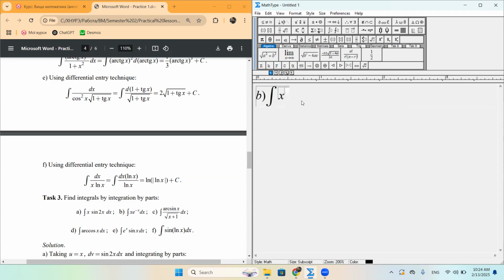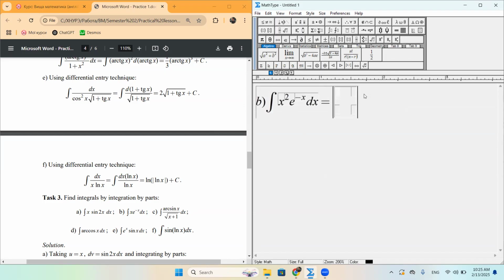Let's multiply x in power of 2 by e in power of minus x. For this, we will have to use integration by parts twice, depending on the power of the polynomial. Just to make it more interesting, we actually have time for that.